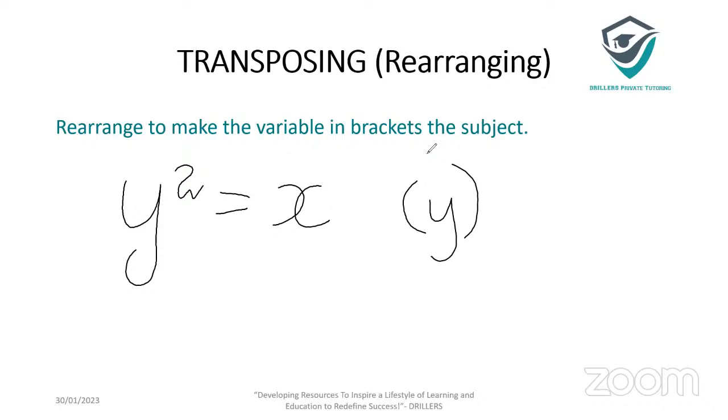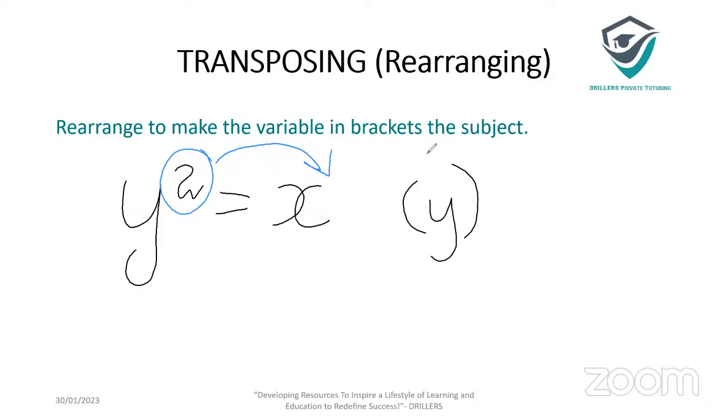So remember, to transpose, we locate our variable. So the variable we want is y. And then we isolate that variable by moving everything else. Either we move the variable or we move everything else to the opposite side of the equation sign. So what we actually want to do is move this square or power of 2 across the equation sign.